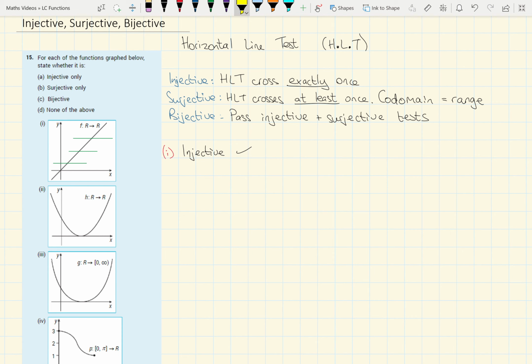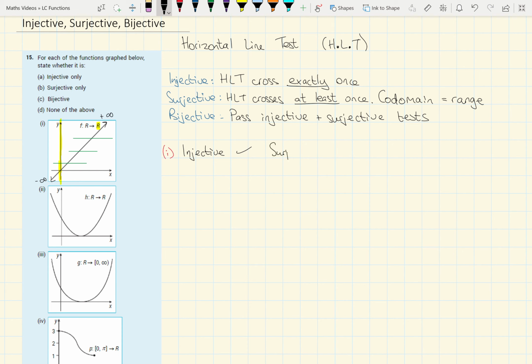They've told us here that our codomain is R. And then for our range, we're going to check all along the y-axis. My function is going to continue upwards to plus infinity and continue downwards to minus infinity. So that tells me that our codomain and range are the same thing: our set of reals.